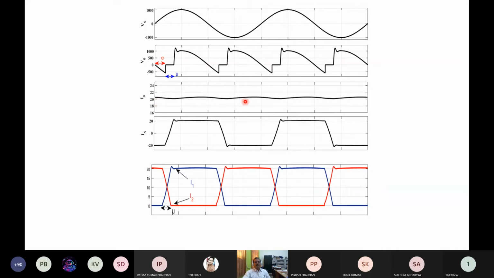Still, there is some variation in current, because it is difficult to find an infinitely large inductance. But it is always done for analysis. Assume that this is a ripple free constant current, and the sum of these two currents at any instant is the load current. Okay.